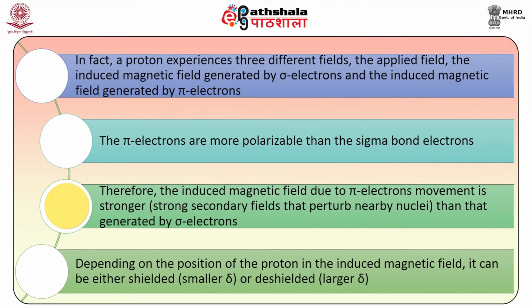Therefore, the induced magnetic field due to pi electron movement is stronger, that is, strong secondary fields that perturb the nearby nuclei, than that generated by sigma electrons. Now, depending on the position of the proton in the induced magnetic field, it can be either shielded, that is smaller delta value, smaller chemical shift, or deshielded, that is higher chemical shift or higher delta value.